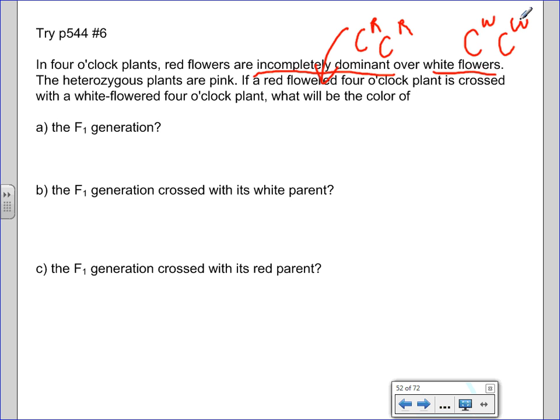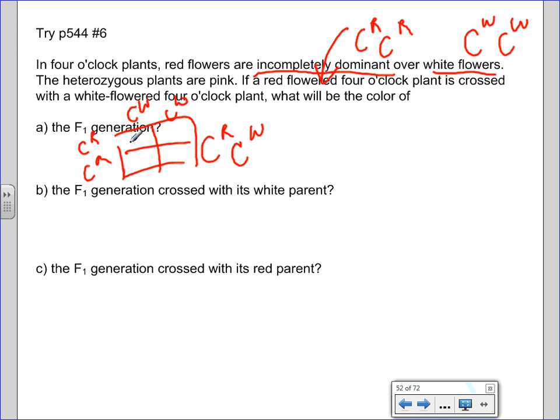The F1 generation is exactly like the earlier ones we did. Because you have this possibility and this possibility, you get R W, R W. So they should all be pink. Okay, all pink.